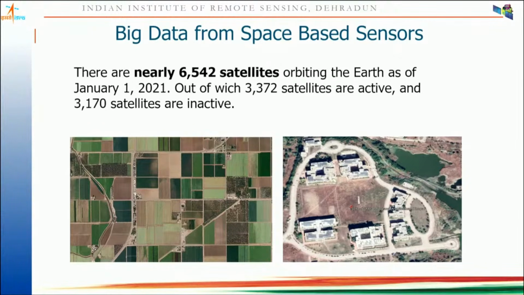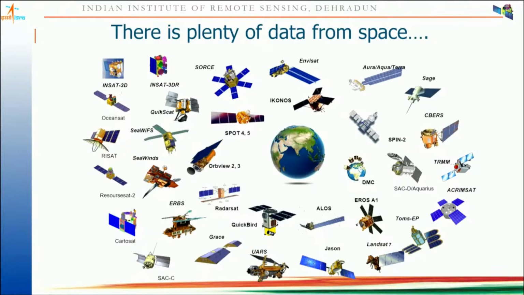So you can understand that space-based and ground-based sensors are a very important source of data, providing this huge amount of data to our data centers through Earth stations. There is plenty of data from space. I have taken a few examples from different satellites, right from INSAT 3DR from ISRO: OceanSat, ARISAT, SOSAT-2, Cartosat, and there are many more.